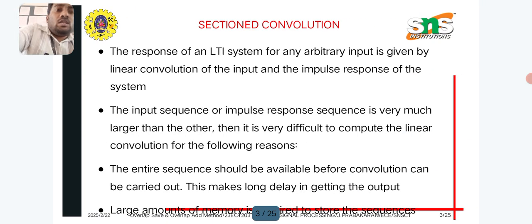Sectioned convolution is a method used to efficiently compute long-duration, which means long-length, linear convolution by breaking the input sequence into smaller subblock sections. It is commonly applied in real-time DSP applications where memory and computational efficiency are crucial.